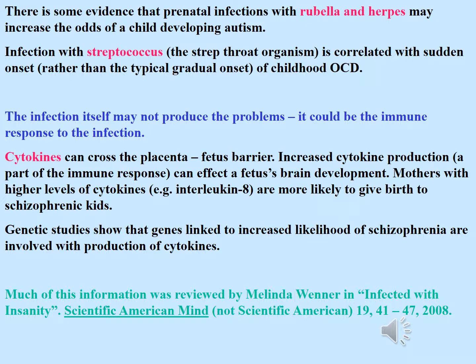Increased cytokinin production can affect a fetus's brain development. Mothers with higher levels of cytokinins are more likely to give birth to schizophrenic kids. Genetic studies show that genes linked to increased likelihood of schizophrenia are involved with production of cytokinins.